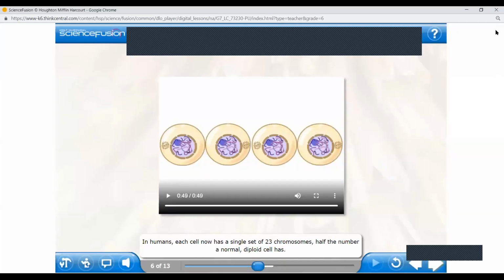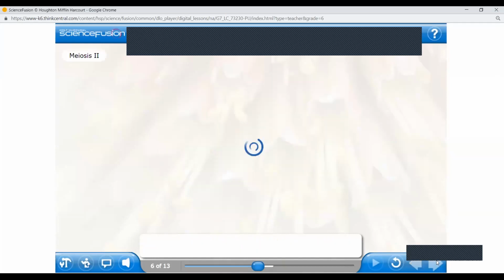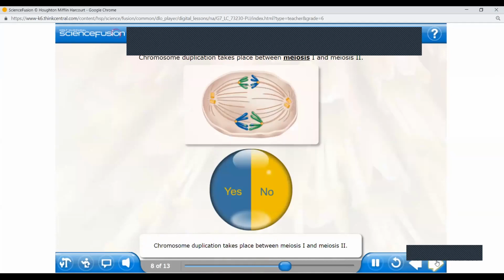Chromosome duplication takes place between meiosis I and meiosis II. Click your answer. Click yes if the statement is true, and no if the statement is false. Tell me.